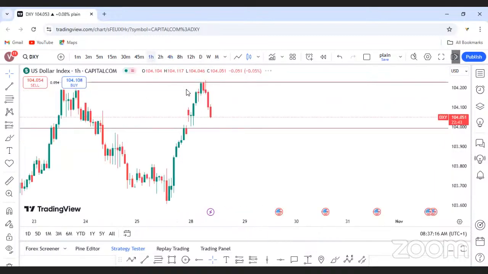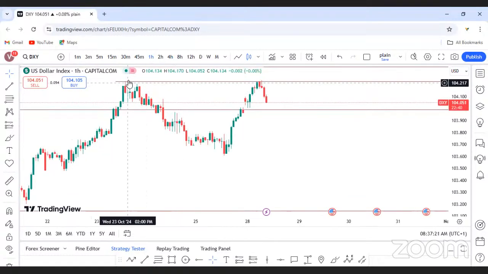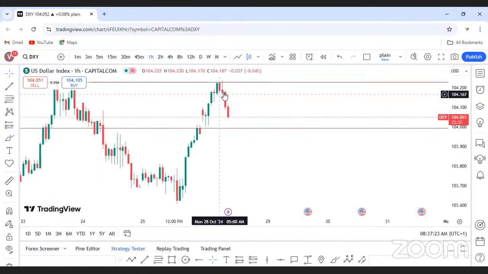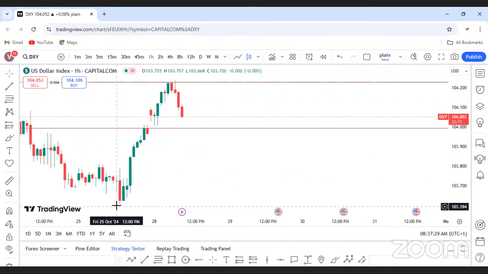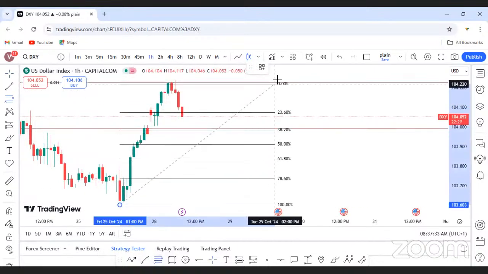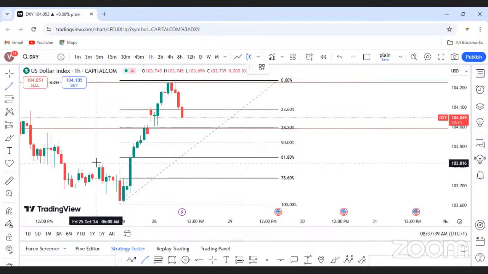So this could be the place that's going to engineer a retracement to the downside for the DXY. If you look at it on the 1-hour time frame, you see clearly how price couldn't break and close above this level. So we might see some sell-off of the DXY all the way to the downside, assuming this is our new swing. So we can draw this as a new swing on the 1-hour time frame, and we see that this is a good place to short the DXY all the way to this level right here.